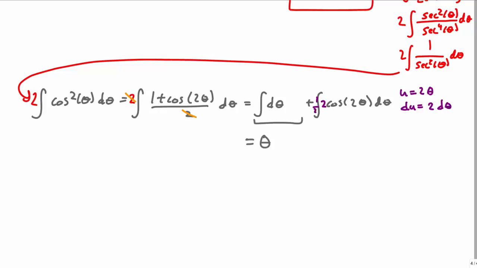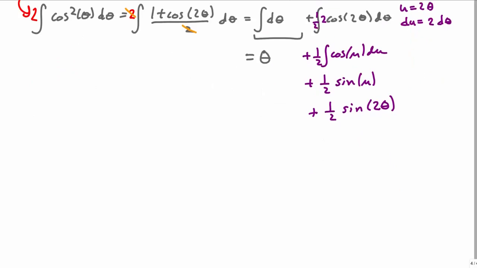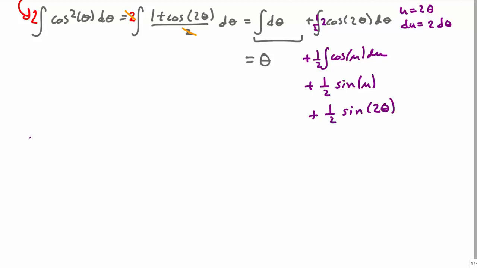So I'd multiply by 2 on the inside, compensate with a half on the outside, and this would be 1/2 integral of the cosine of u du, which is 1/2 the sine of u, and we know u in this case is equal to 2 theta. You'd think we would be done now, but not quite. So we have theta plus 1/2 sine of 2 theta.